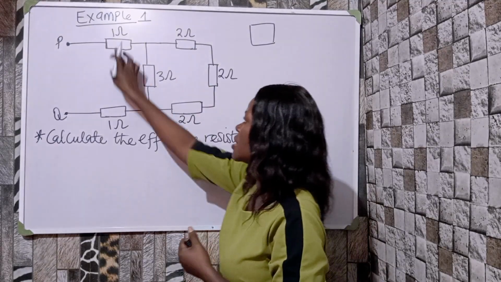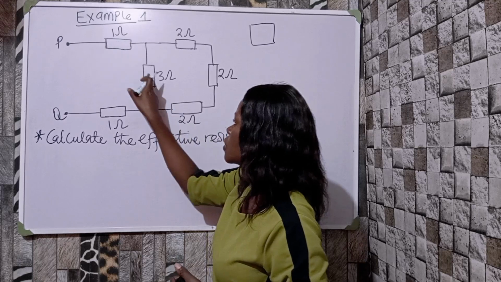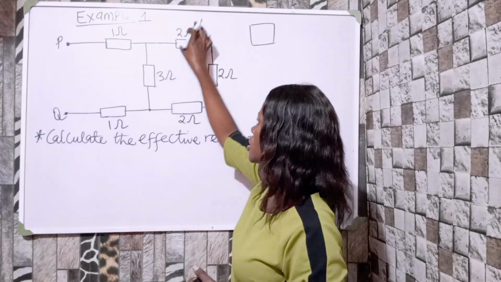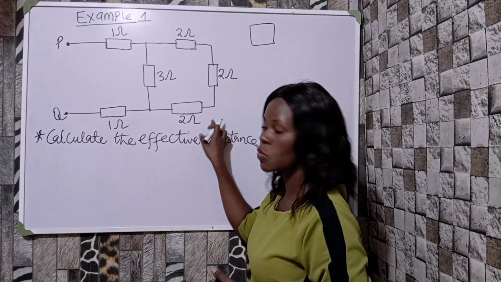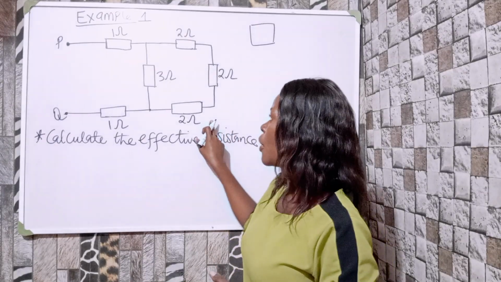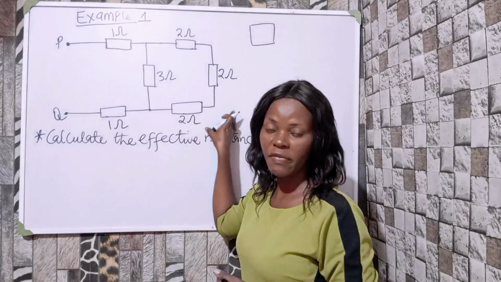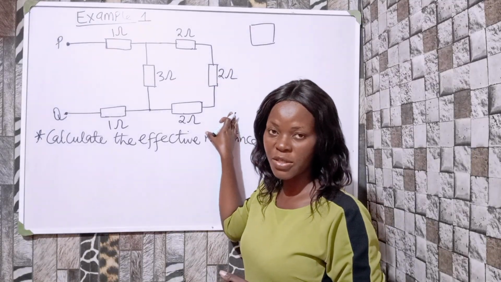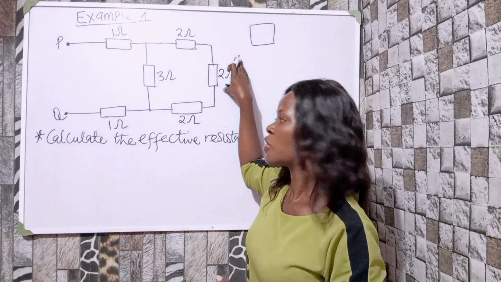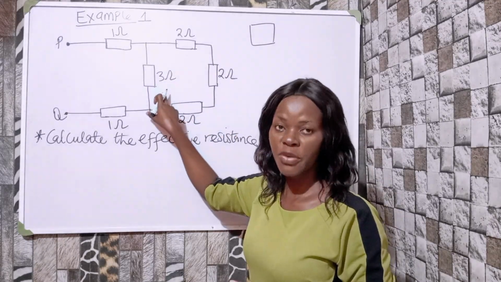That means these three, 1 ohm, 3 ohm and 1 ohm, are connected in series. But these ones, 2 ohm, 2 ohm and 2 ohm, are also connected in series. We are going to solve the three of them together because they are connected in series. Whatever we have will now be here, so that it will be in parallel with these three.